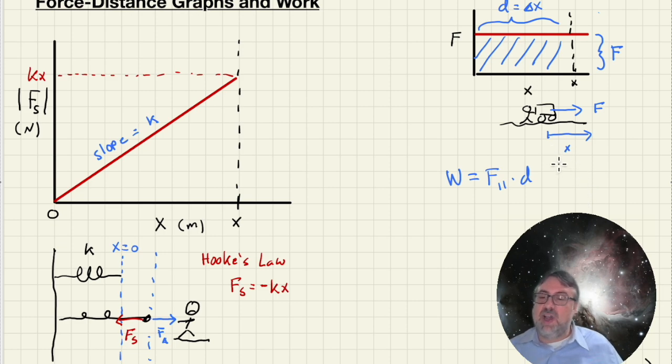So the first thing to note is that if I have a force distance graph, the work is equal to the area under the graph. And we note that work is the area of a force distance graph.